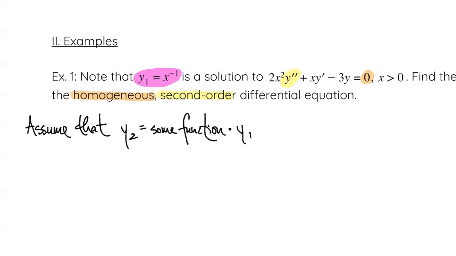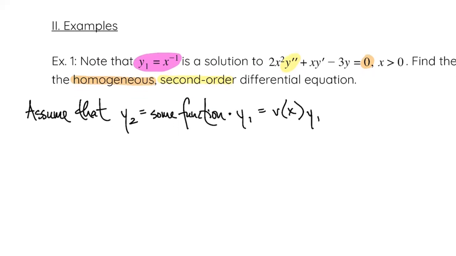All right, so we're going to assume that the second solution is a product of the first solution and some other function. Another way of writing this might be v of x to represent our some function times y sub 1.